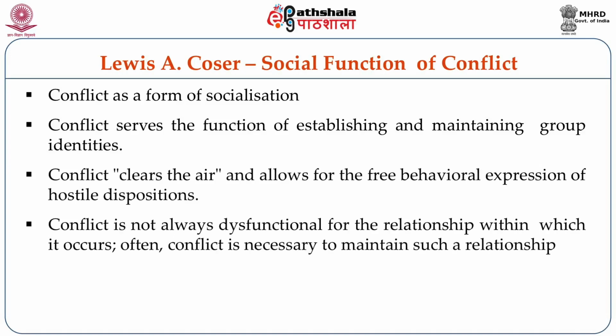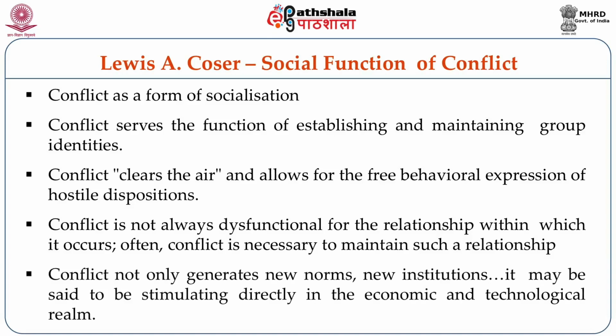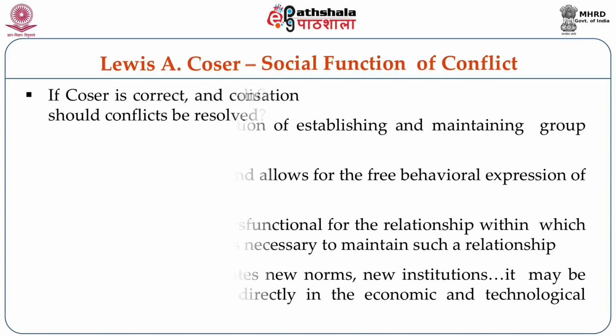So Coser talks about conflict which clears the air and allows for free behavioral expression of different entities within the society. So conflict can also create new norms. For example, when the civil rights movement or the anti-apartheid movement happened, it was a clear case of conflict.